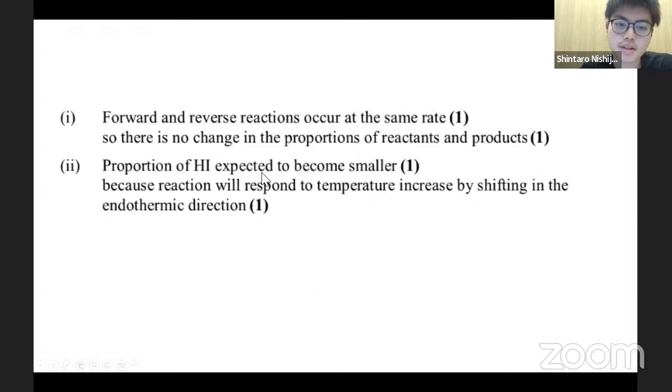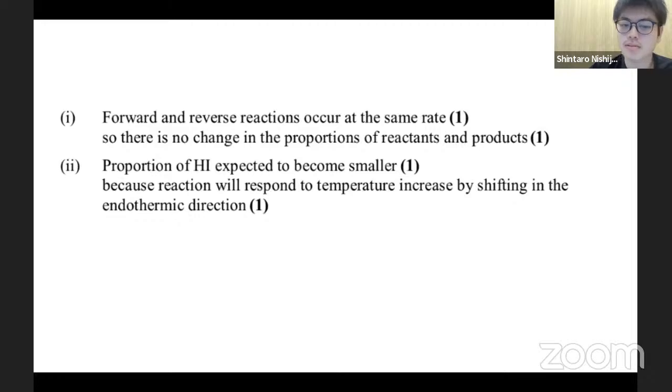Proportion of HI expected to become smaller because the reaction will respond to the temperature increase by shifting in the endothermic direction. A good way to know you're along the right line: I see that more than one person has said that because temperature is increased, the reaction will shift to the right.